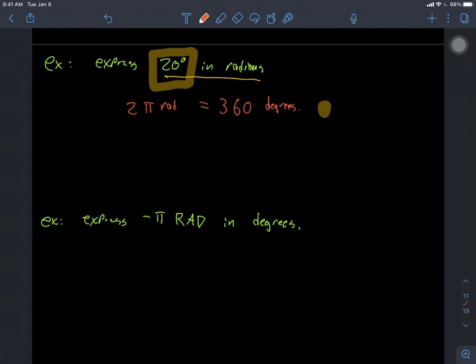So if I want 20 degrees on the right-hand side, I should divide by 18. Likewise, on this side, I should divide by 18. And so I get 20 degrees on this side, and on the left-hand side, I get pi over 9 rad.